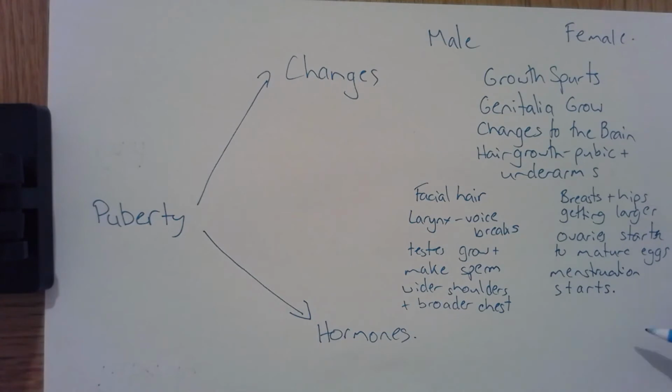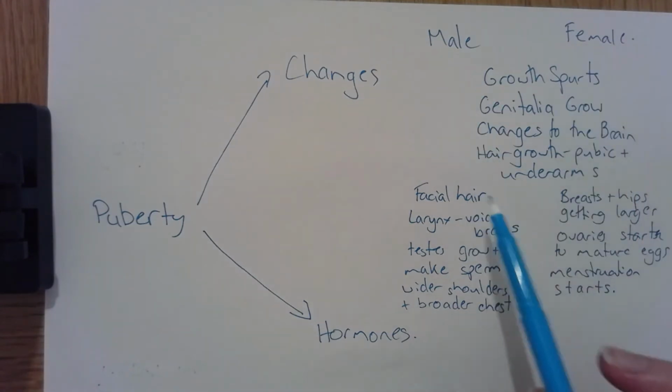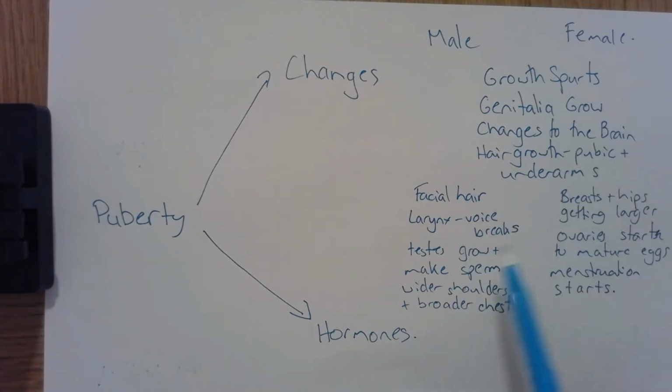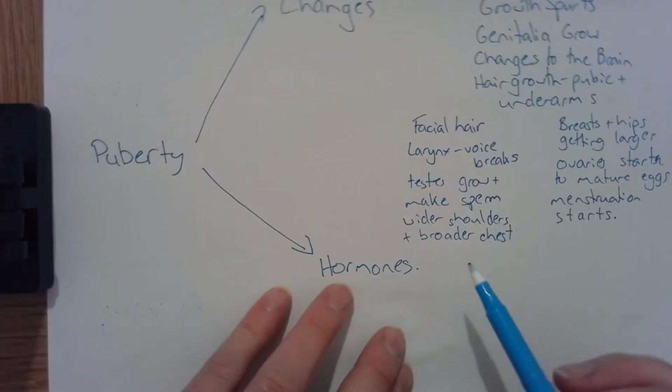And those are changes for females. So some things that happen to everyone around puberty, and some things that are specific to the male and the female. And these differences are caused by the different hormones.